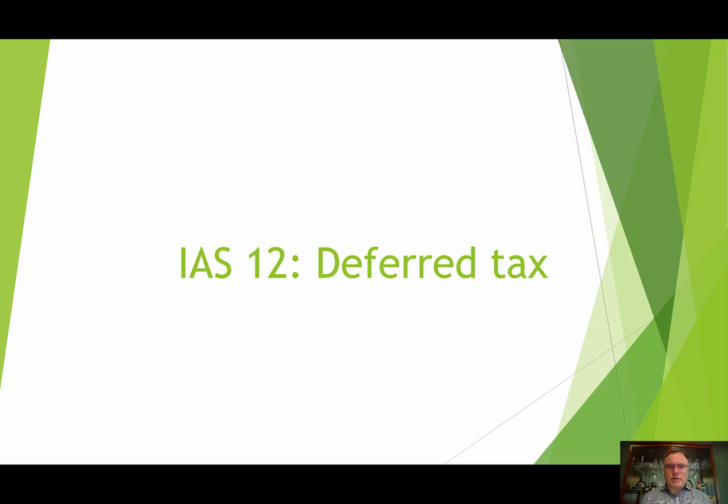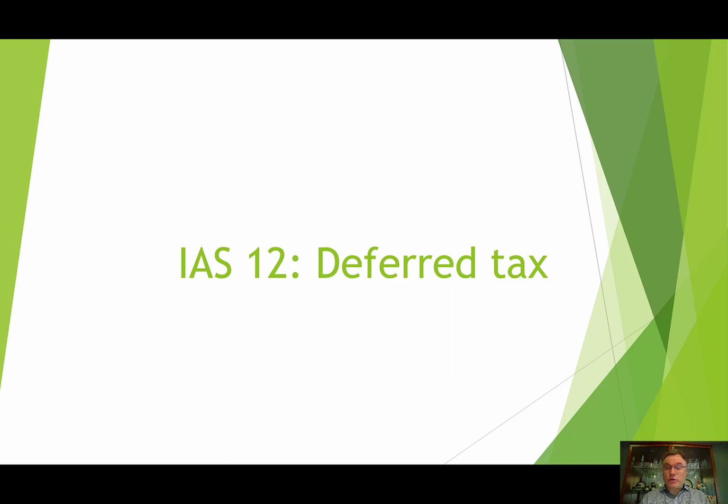Okay, the topic for discussion is deferred tax, which is covered by International Accounting Standard number 12, IAS 12. We'll be focusing on the following issues in the course of this discussion. First, we want to understand the nature of deferred tax and why it's an issue for accounting statement preparers to consider.